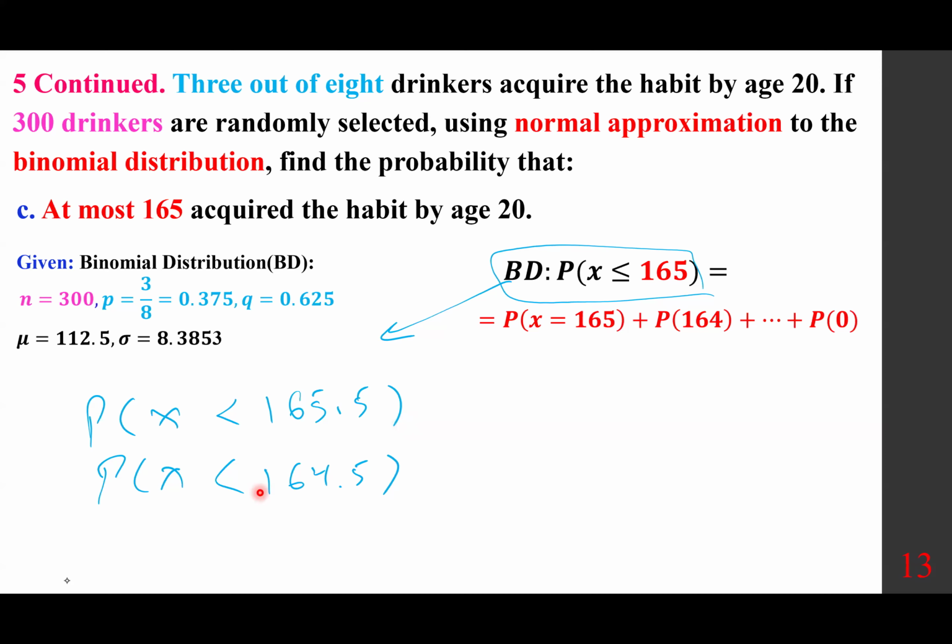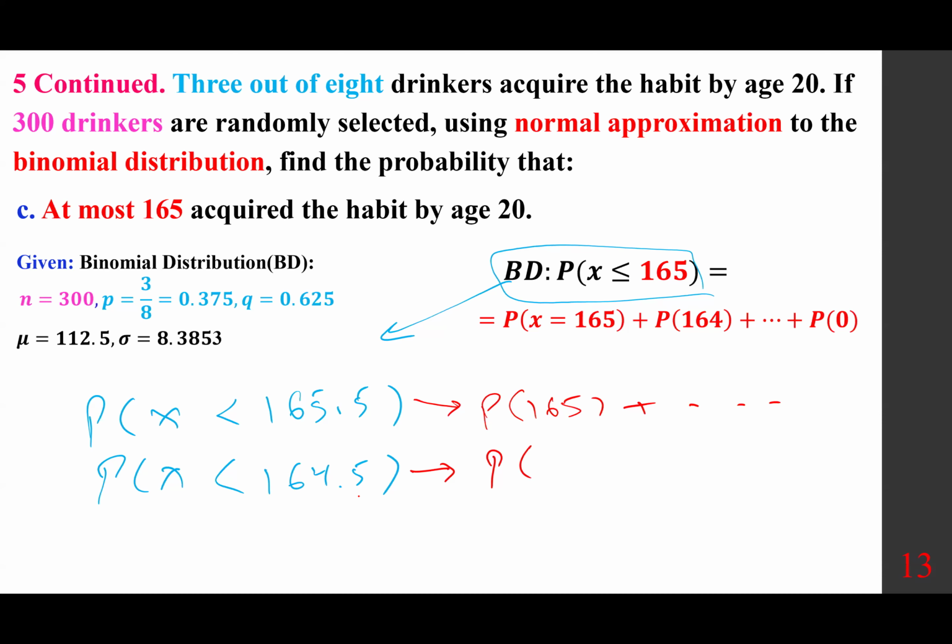So take a look at the very first discrete value. The first discrete value here, less than that, is probability of x equals 165, and it gives you the rest of it if we were to go with binomial distribution.